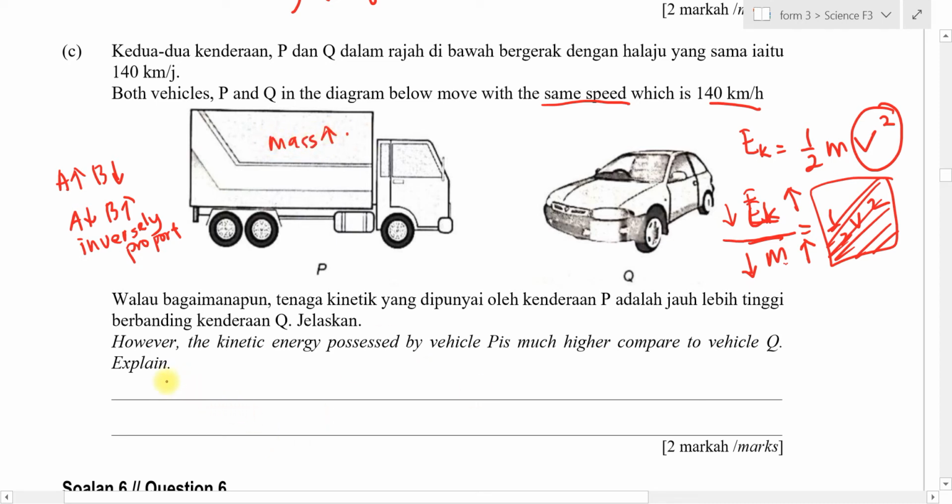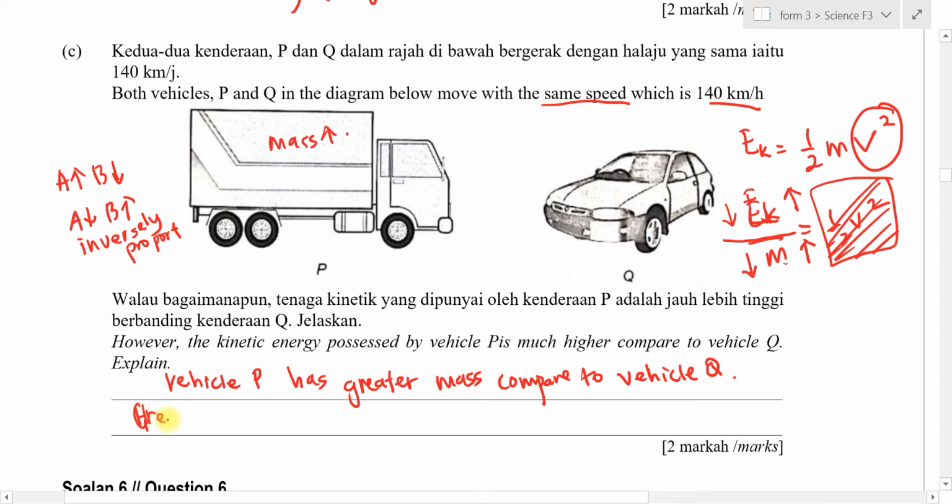However, the kinetic energy of vehicle P is much higher. Explain why. Vehicle P has greater mass compared to vehicle Q. The greater the mass, the higher the kinetic energy.